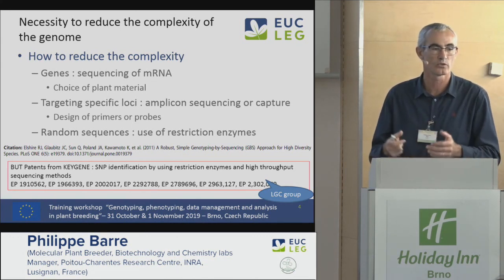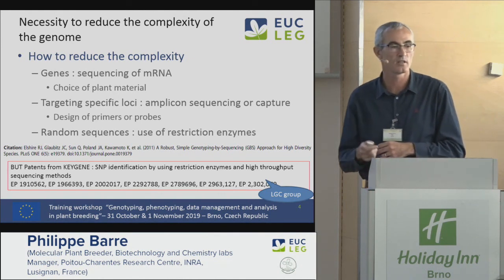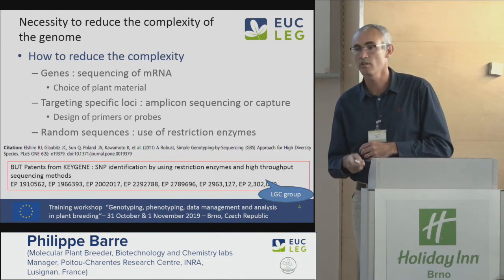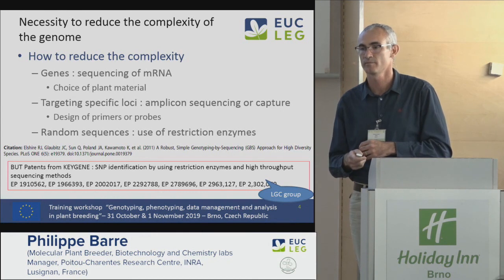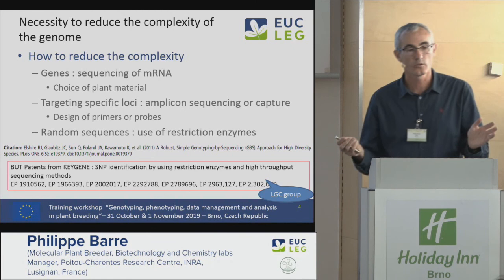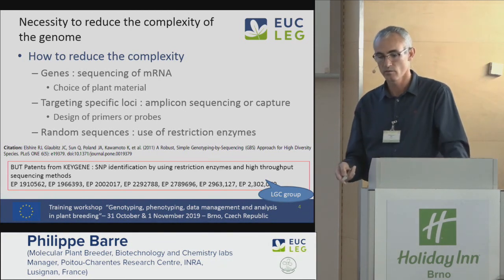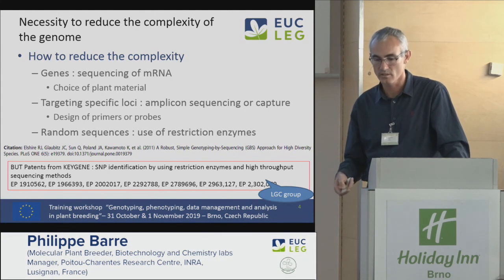So that's something important, to have an idea of the variability before starting this kind of targeting of specific loci. Okay? So if you know nothing, one option is random sequences.